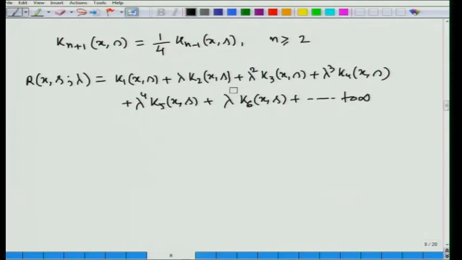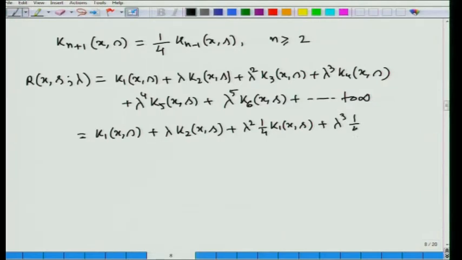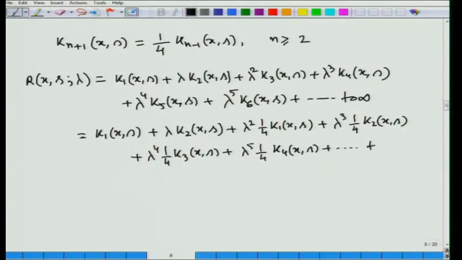And now we can use this result for iterative kernels and some initial results to get this will be equal to k1(x, s), as usual there is no change for k2(x, s), then lambda square it will be 1 by 4 k1(x, s) plus lambda cube it will be 1 by 4 k2(x, s), and then lambda to the power 4, 1 by 4 k3(x, s) plus lambda to the power 5, 1 by 4 k4(x, s) plus dot dot up to infinity.